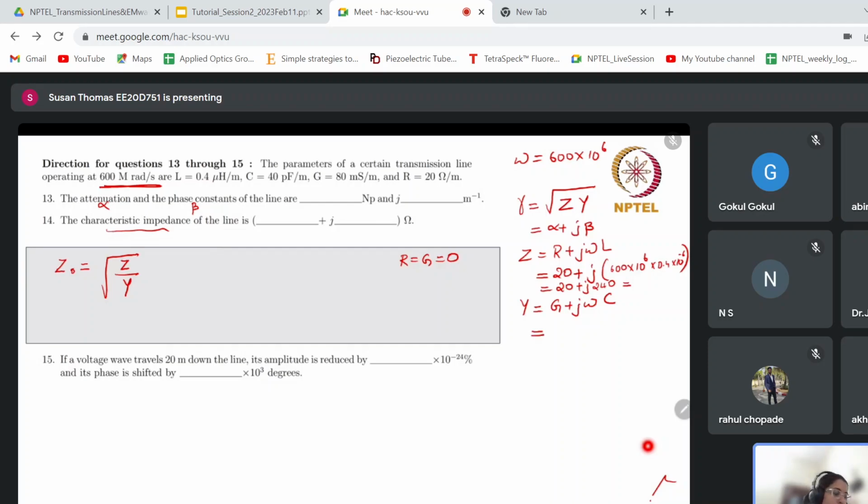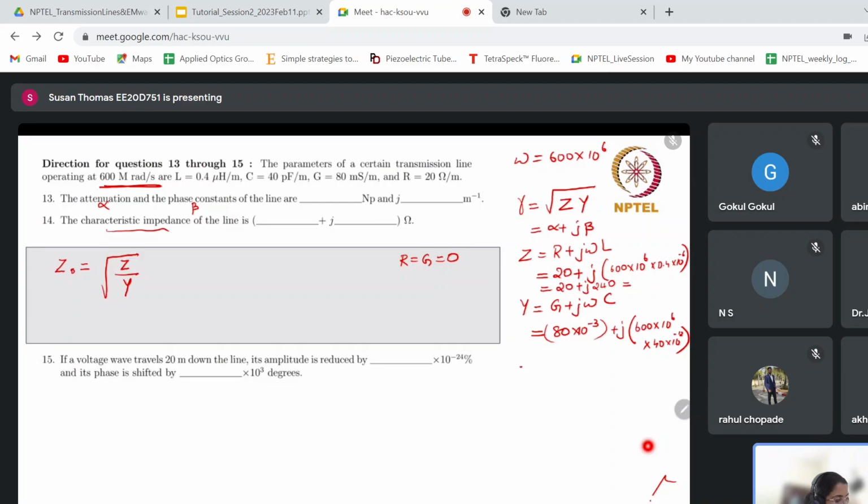Similarly, do it with Y, that is G plus j omega C. So 80 millisiemens, please note 80 into 10 power minus 3, plus j into omega, which is 600 into 10 power 6, into C, which is 40 into 10 power minus 12.